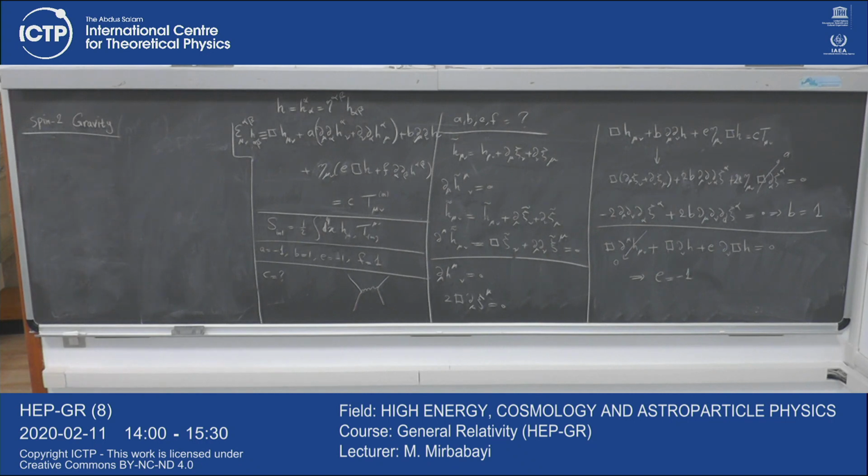Well, this was the result from the representation theory of Poincaré. What we were doing was looking for an irreducible massless representation with spin 2. We saw that for massless particles, we should look at the representations of SO(2), which is called the little group.